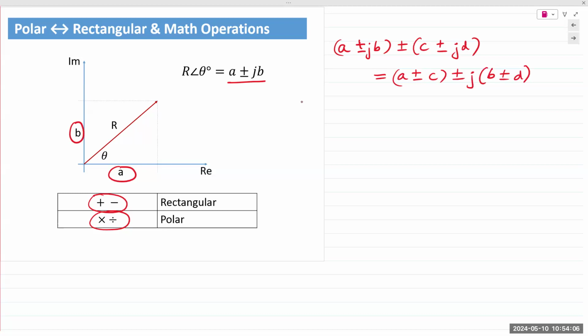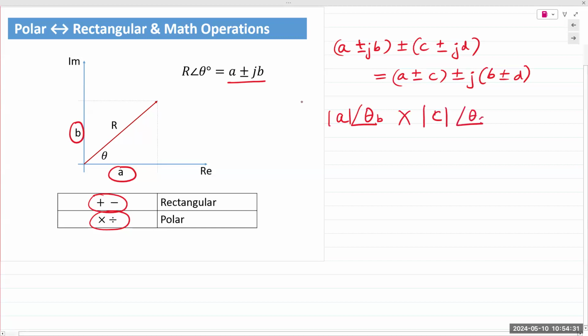So again, adding and subtracting two complex numbers is easier if you have the rectangular coordinates representation. Multiplication and division, and that's the answer to your question: if you have two complex numbers, magnitude with phase, multiplied with C and D, the magnitudes are multiplied together and the phase angles are added up or summed up.